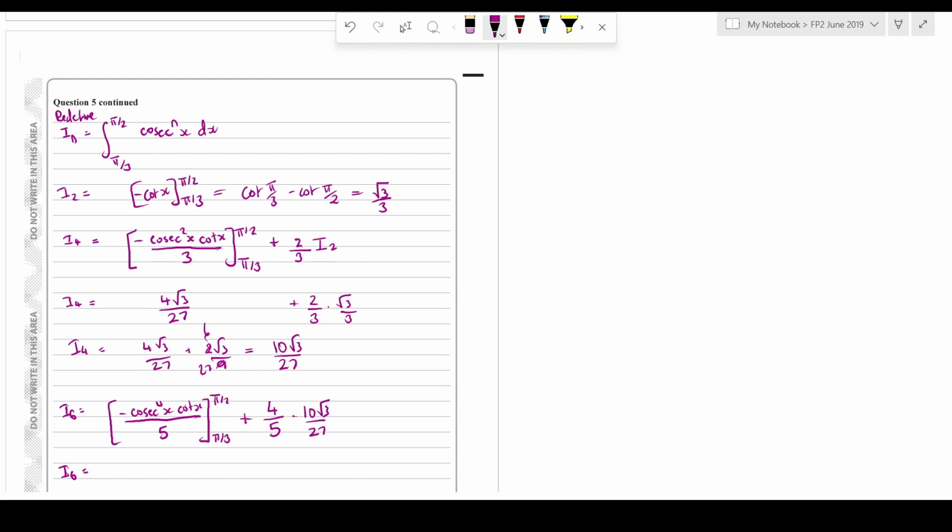So minus cosec to the 4 of pi over 2 times cot pi over 2 over 5. Minus, same thing now, so plus cosec to the 4 of pi over 3 times cot pi over 3 over 5.